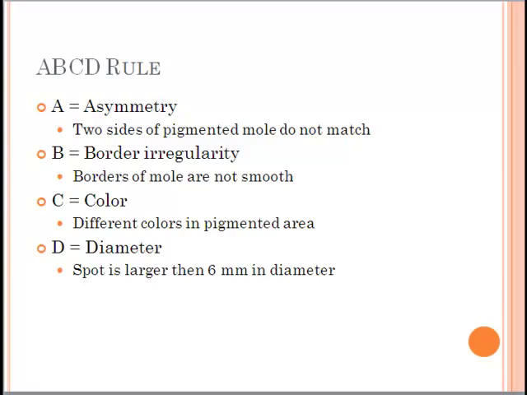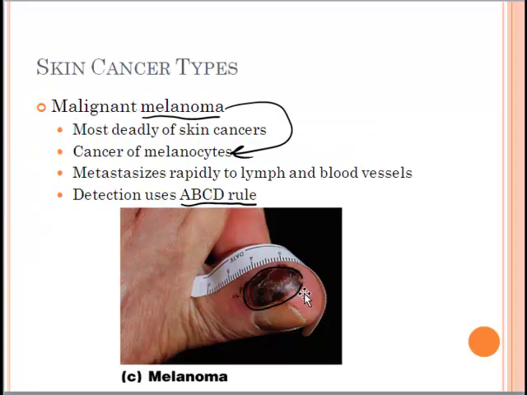If the mole doesn't match, if it's not symmetrical in its pigmentation, it may be cancerous. The B stands for border irregularity. Normal moles are going to be nice and smooth, kind of round on their edges, but if you start to get an irregular border, notice here on this picture, you've got all these irregularities in this border, it may be cancerous.